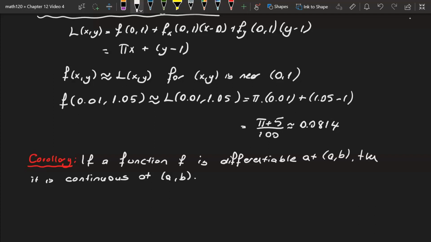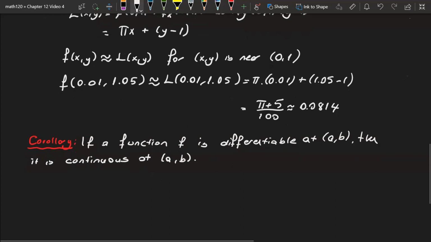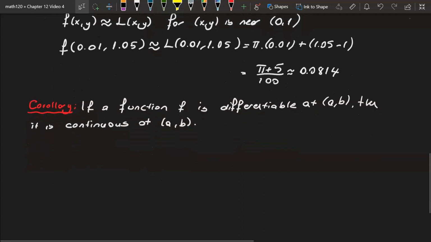You can easily show as (h, k) goes to (0, 0). Sorry, as (x, y) goes to (a, b), f of (x, y) minus f of (a, b) goes to 0. F of (x, y) goes to f of (a, b) as (x, y) goes to (a, b) by using the definition of differentiability.